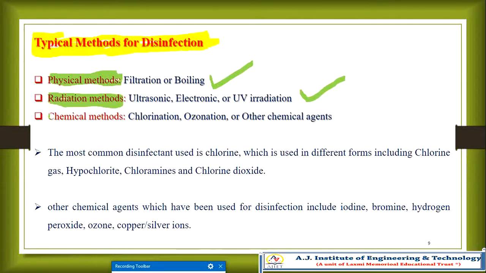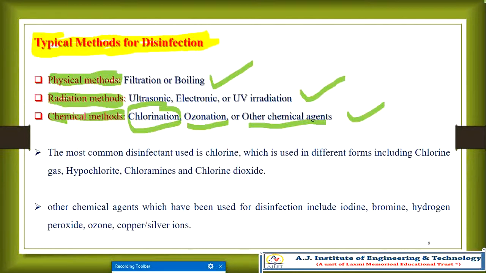And chemical methods are very important for our topic: chlorination, ozonation and other chemical reagents. So these are the methods we follow: physical methods, radiation methods and chemical methods.